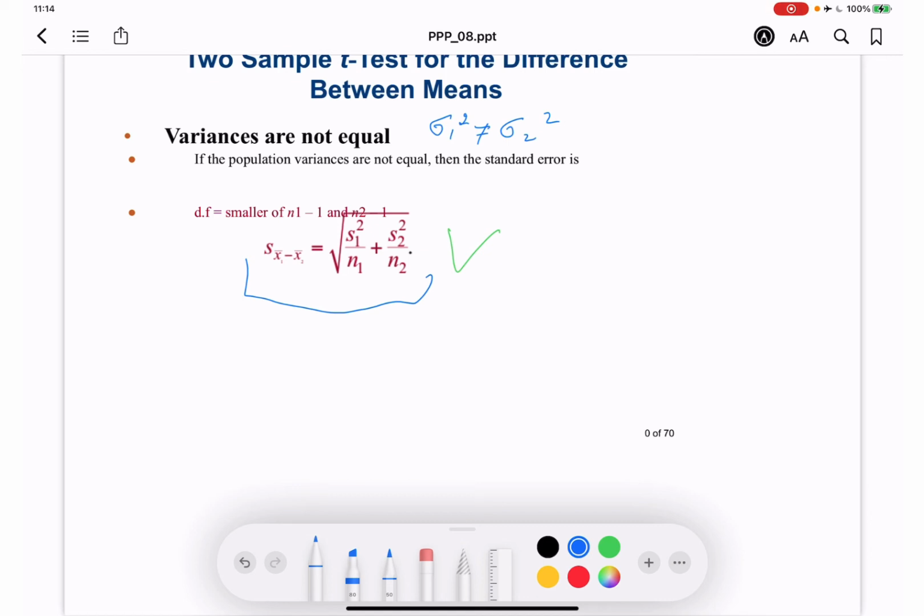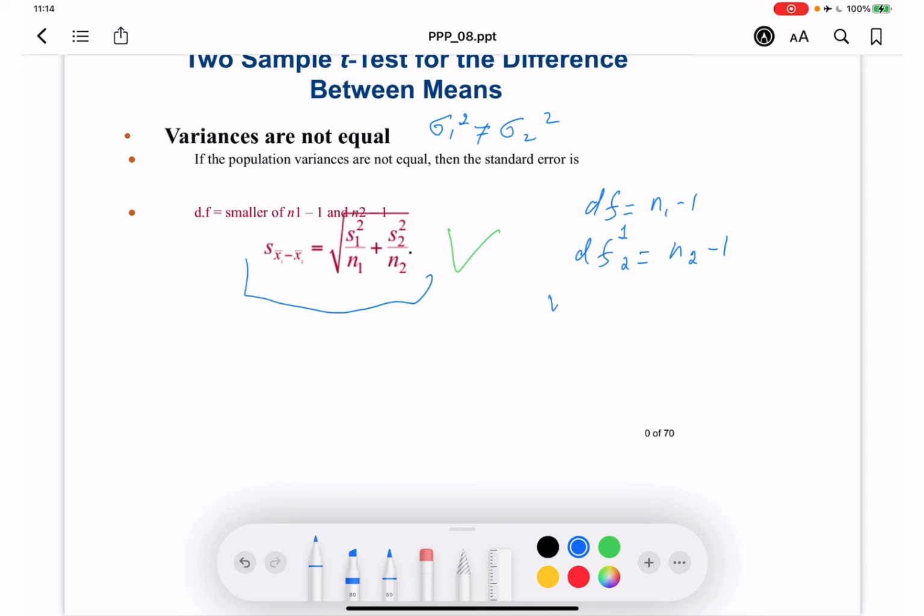Now, since variances are not equal, how are you going to figure out which degrees of freedom to use? Take the first one, f1, which is equal to n1 minus 1, and f2, which is equal to n2 minus 1, and we take whichever is smaller.